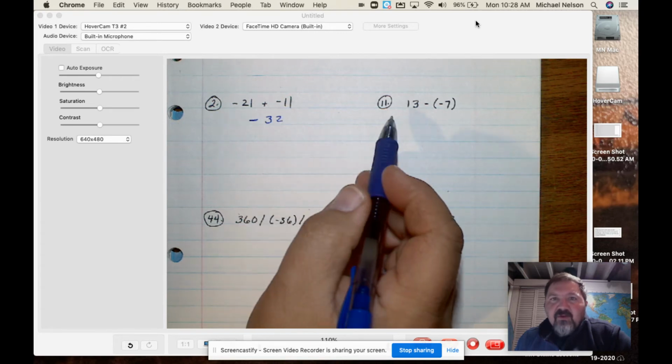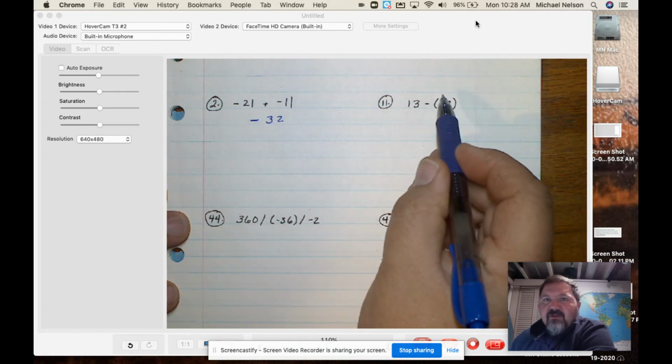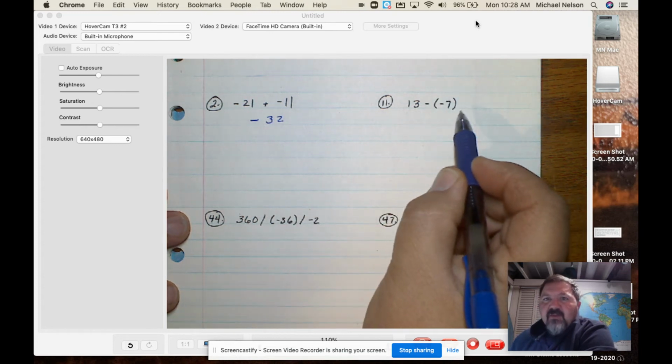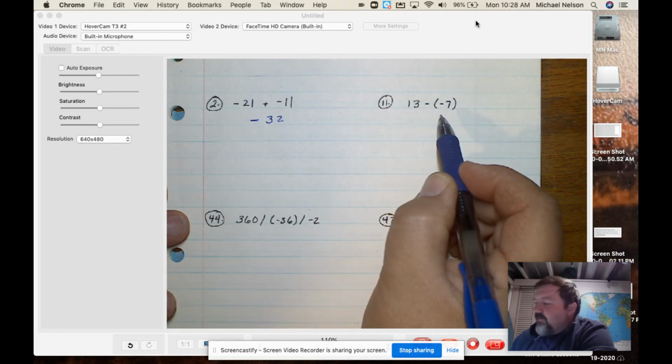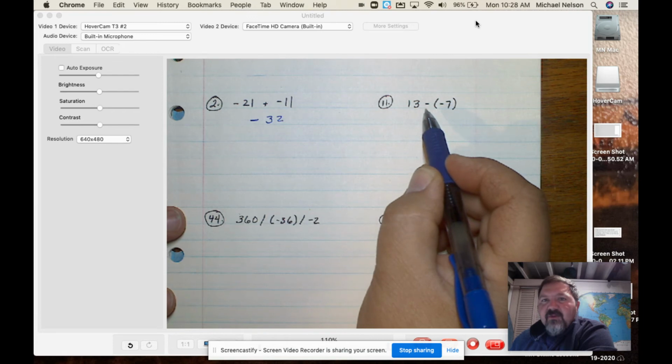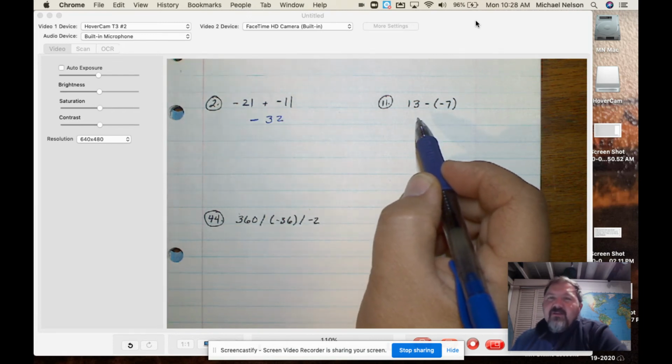Here on number 11, again, there's these parentheses, and that's just meant to keep the -7 as its own quantity by itself. So -7 is over here, but you're going to be subtracting that. So these are harder to relate to the real world, or even a board game or something.